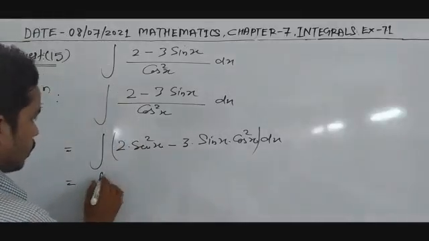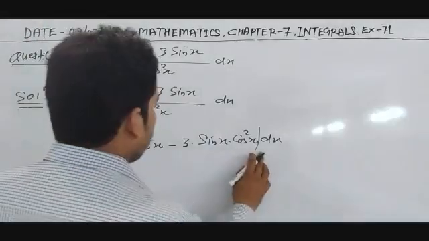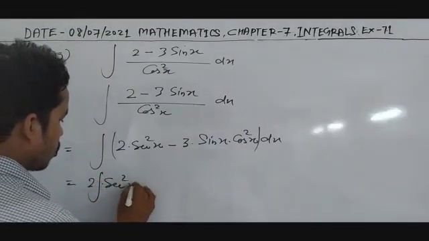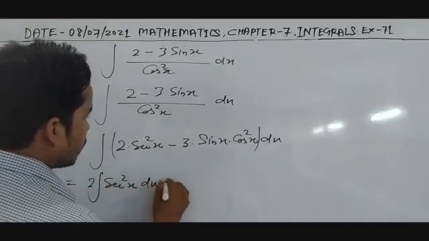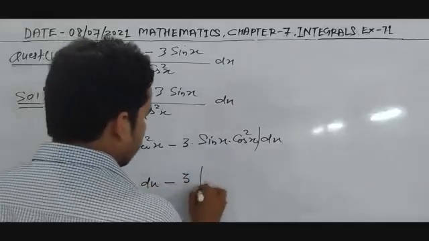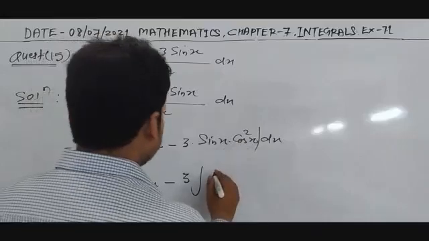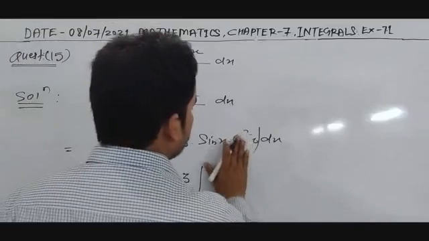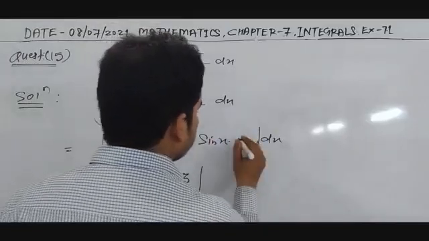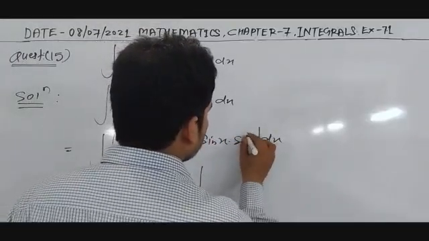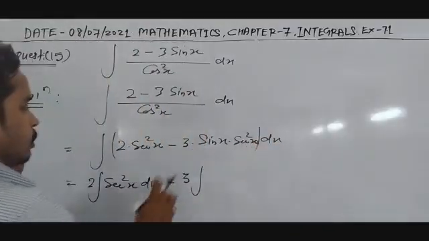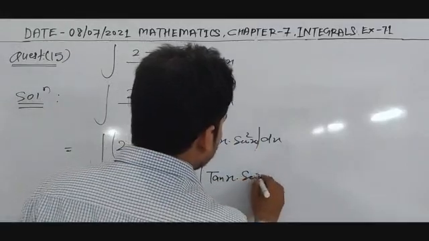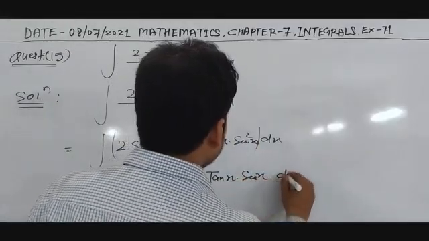So integration will split in two parts. So 2 times integration over sec square x dx minus 3 times integration over sin x into sec square x, and sin x into sec square x, result becomes tan x into sec x whole dx.